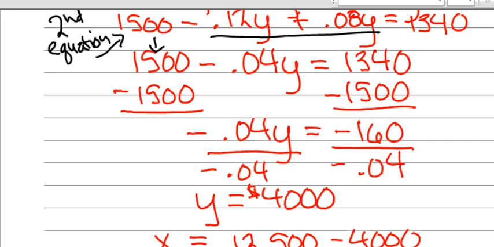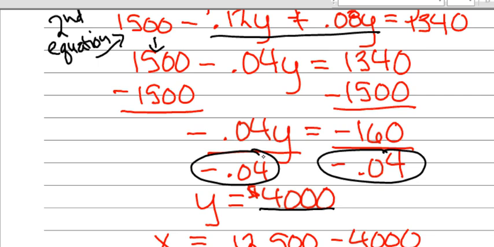I want the Y alone, so I'm going to divide both sides by negative 0.04. So punch in your calculator, negative 160 divided by negative 0.04, and you will get an answer of 4,000. So 4,000 is the amount that's invested at the 8%.